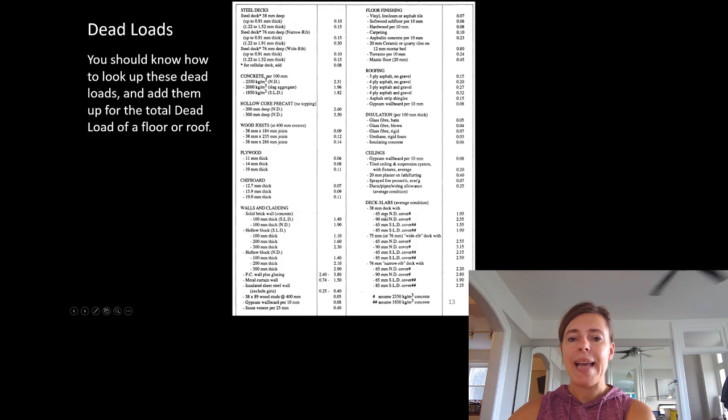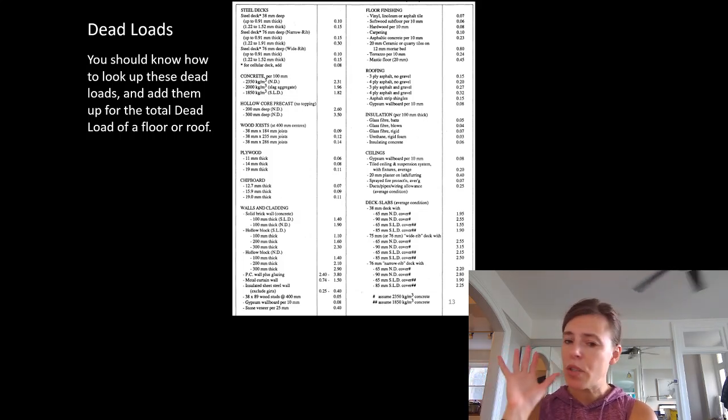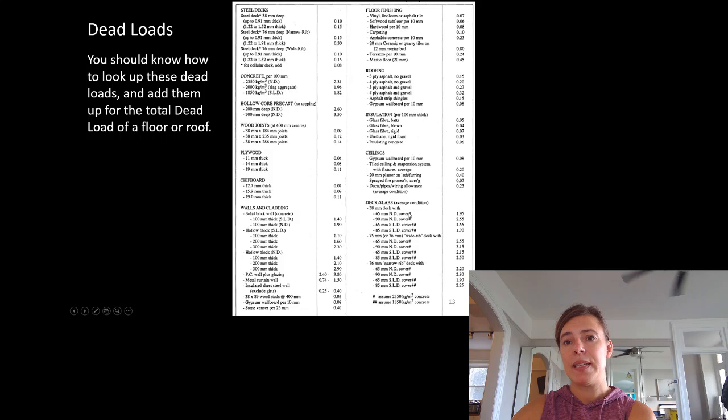Then down here we have deck slabs. Deck slabs are an assembly of concrete on metal deck. We're going to talk about all of these again more later, but the most standard thing is 38 millimeter deck with 65 millimeters of normal density concrete on top of it.